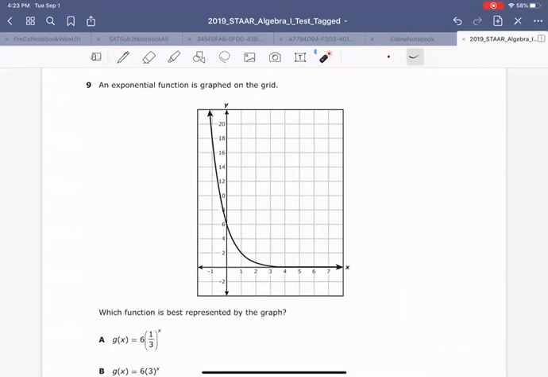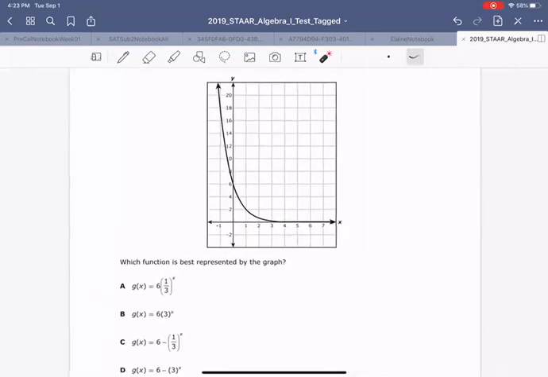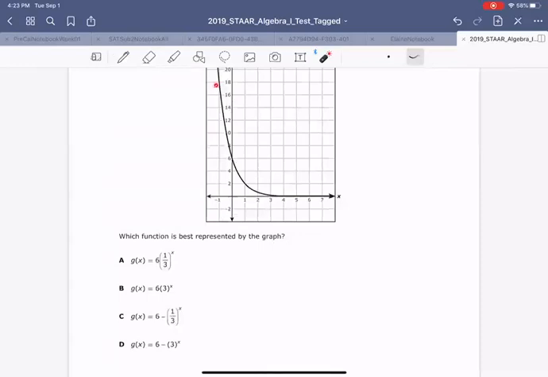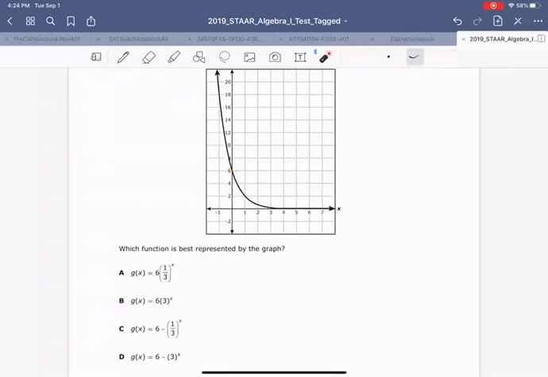Exponential. I taught you a little bit about exponential, right? Remember? So when they ask you which function represents this graph, you can see this part passes 0.6.